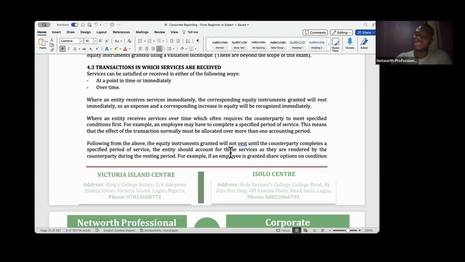The grant date is the date the entity granted the share option to the employee. The entity signed an agreement saying, okay, I'm giving you a share option. They will always give you that in the question in the exam.